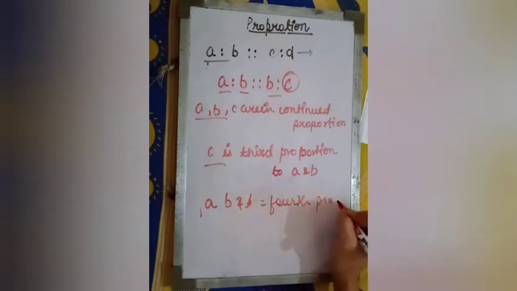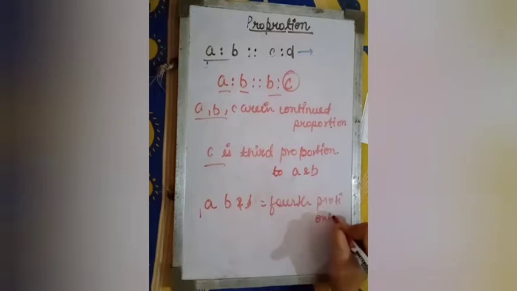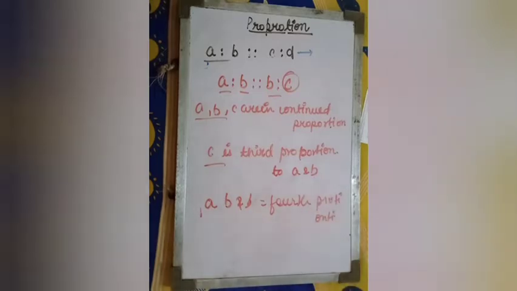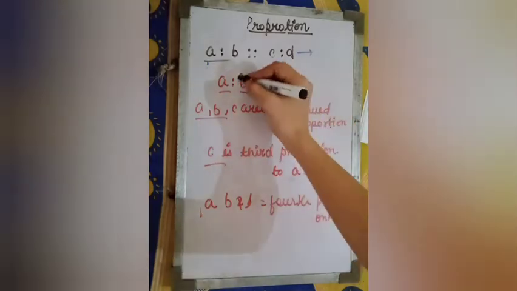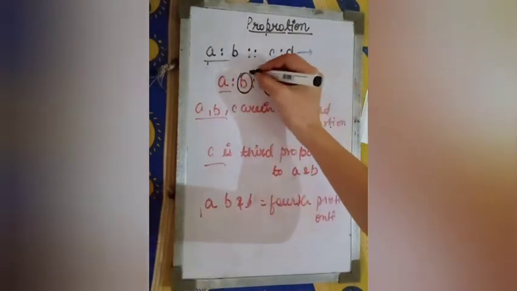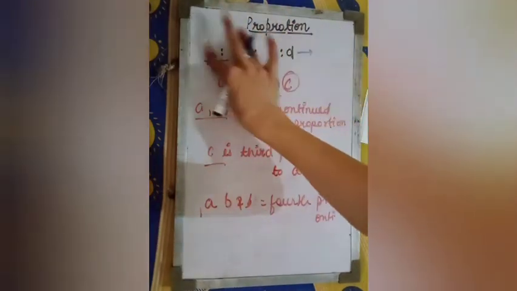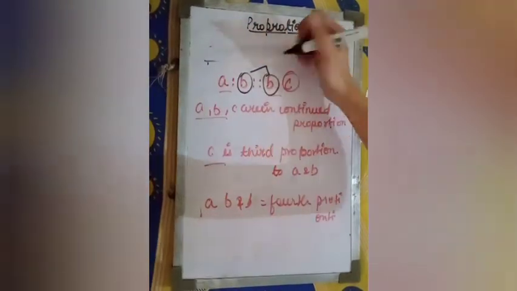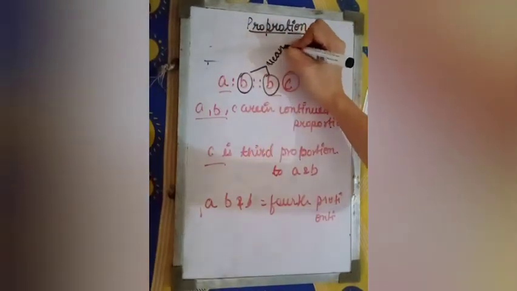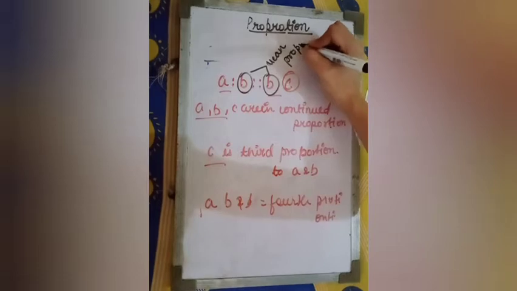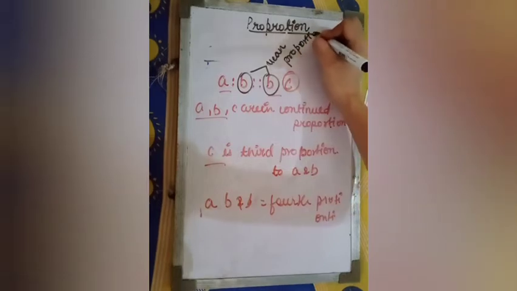Keep these points in mind because we are going to solve the questions with this. Now this B is twice, and it is at the mean position, so it is also known as mean proportional or geometric mean.